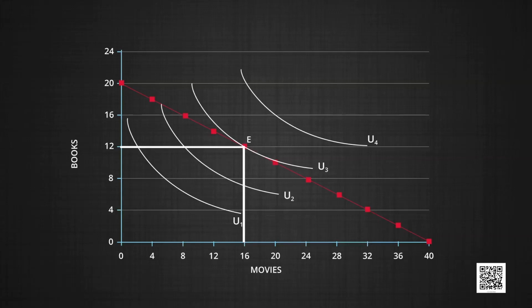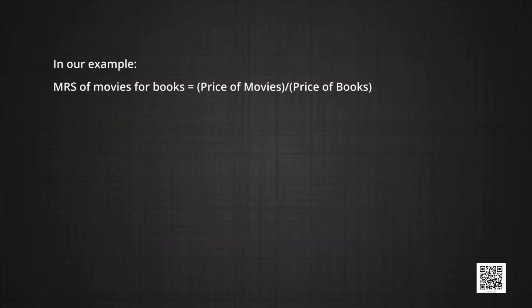Recall that the slope of the budget line is the ratio of prices of the commodity on the x-axis to that on the y-axis, and the slope of the indifference curve is the marginal rate of substitution. Thus, at equilibrium, the marginal rate of substitution between x and y equals the ratio of Px to Py. In our example, the marginal rate of substitution for books is equal to the price of movies divided by the price of books, which is equal to rupees 50 divided by rupees 100, which is half.